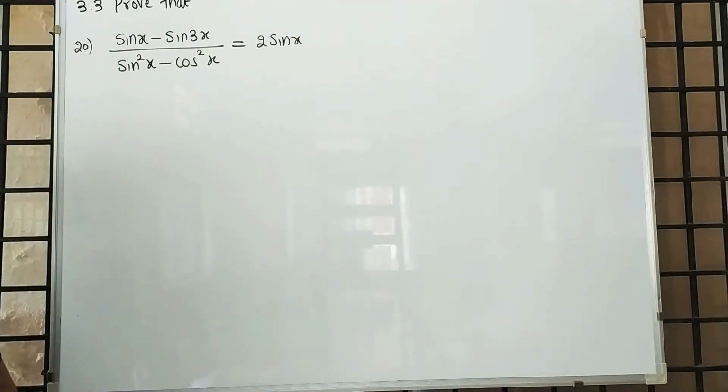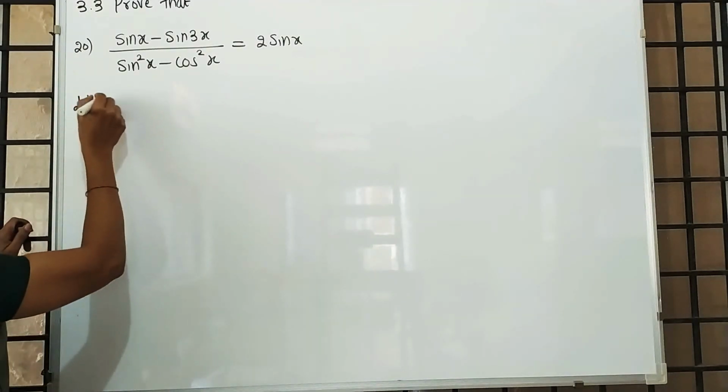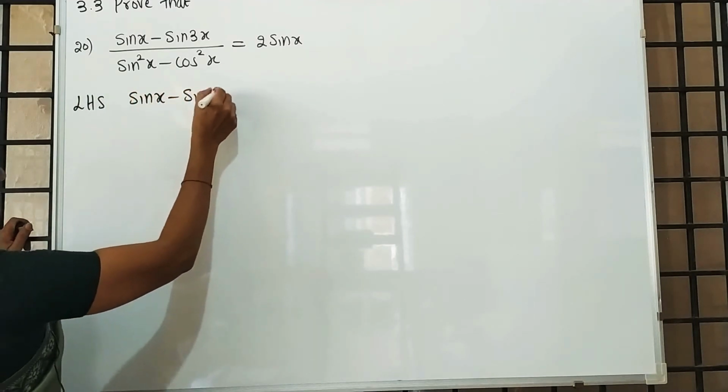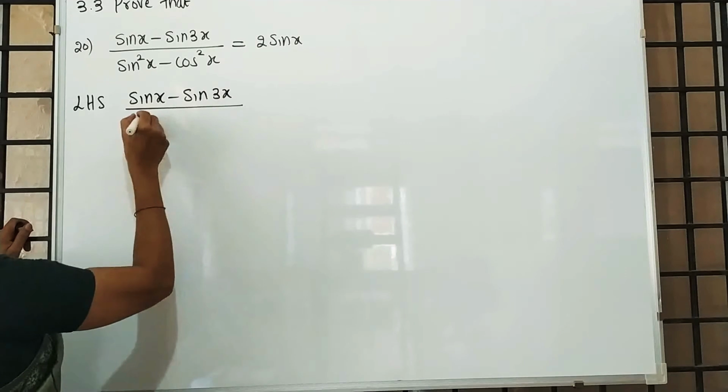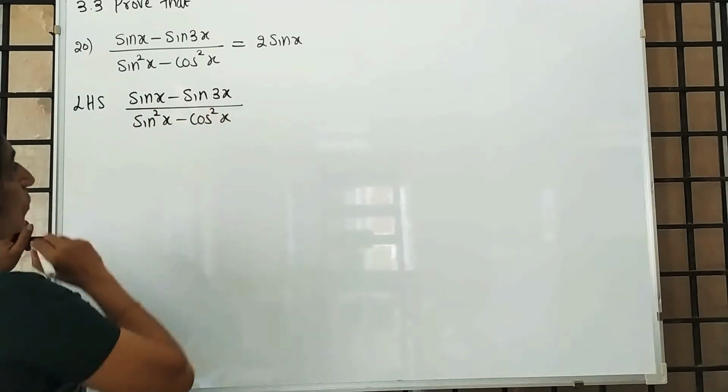Now I am writing the left side, sin x minus sin 3x divided by sin square x minus cos square x.